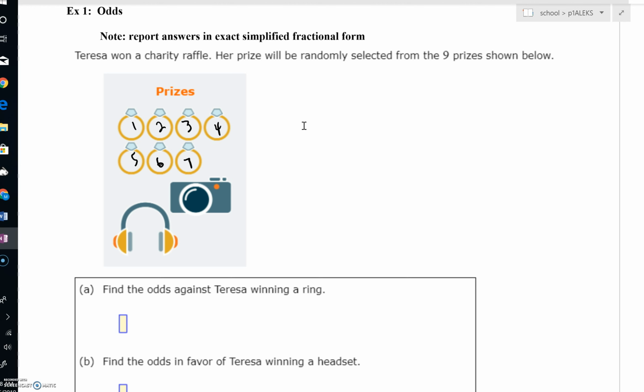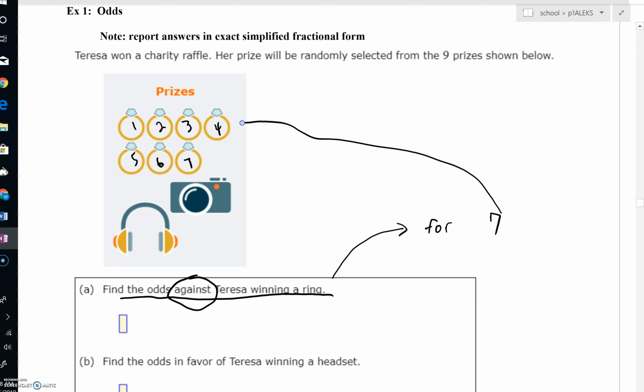So let's find the odds against Teresa winning a ring. So we'd like to know what it is for her winning a ring. How many ways can this happen? Well, that would be 7. You can see that we've got all of these right here. How about against?